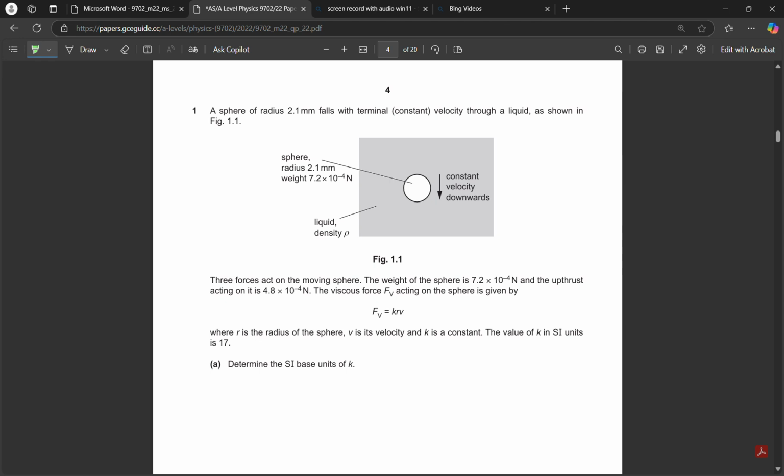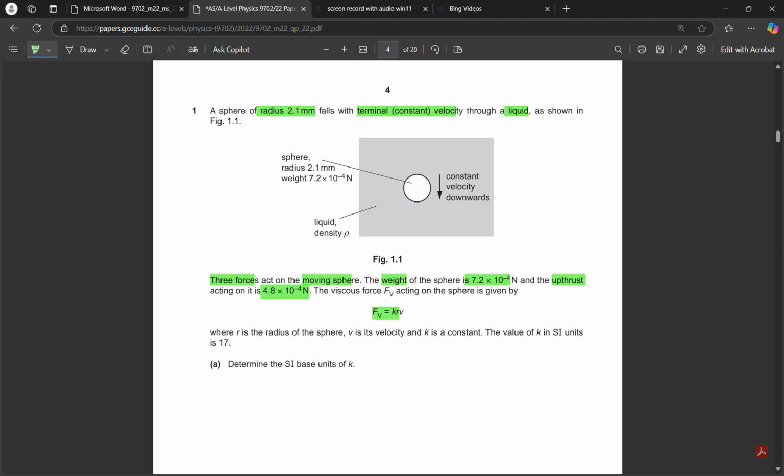Okay, take out our highlighters and start highlighting the key pieces of information. I'm going to start with radius 2.1 millimeter, terminal velocity through a liquid, three forces, moving sphere, weight 7.2 times 10 to the power negative 4, upthrust 4.8 times 10 to the power negative 4.